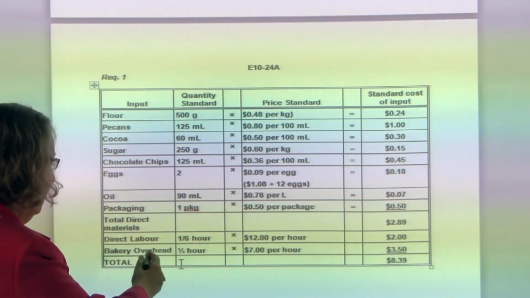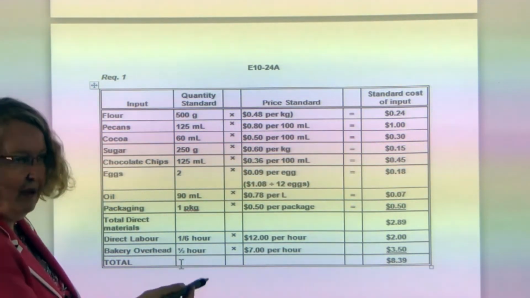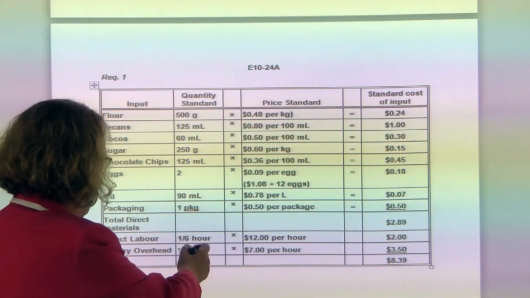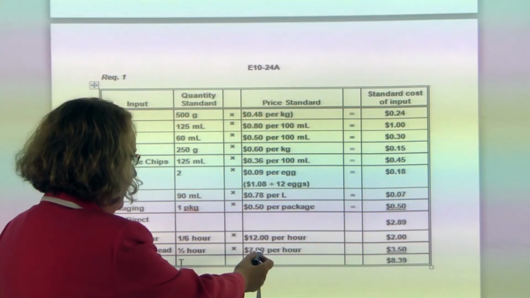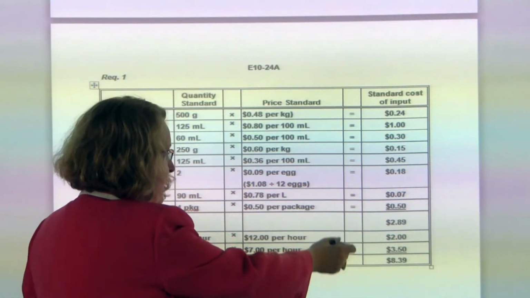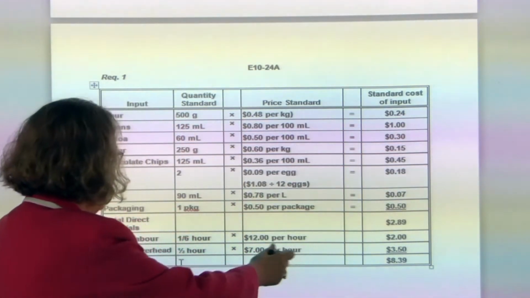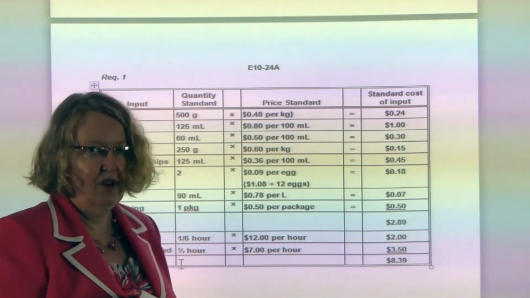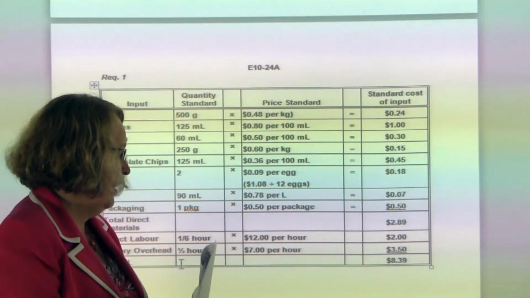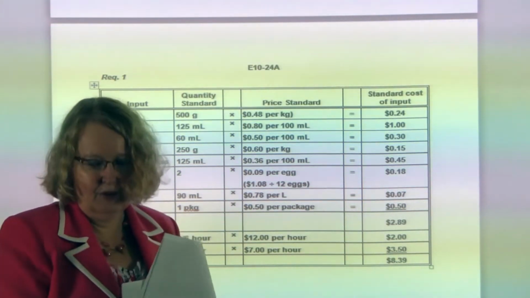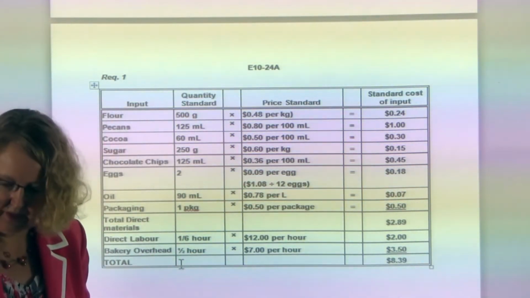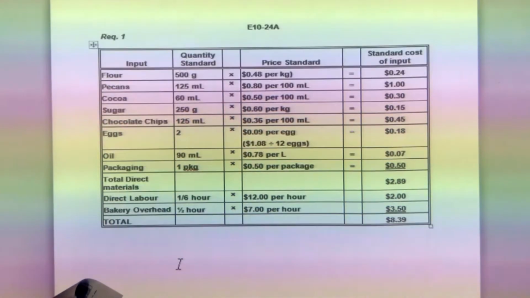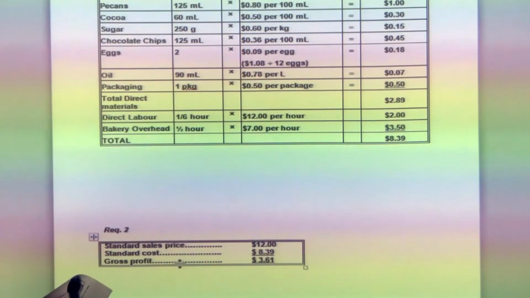And your bakery overhead is at 30 minutes, well, half an hour. So half times $7, $3.50. So when you add all of this up here, you see your total standard cost for the product will be $8.39. So the next thing we want to look at is, what is your gross profit?